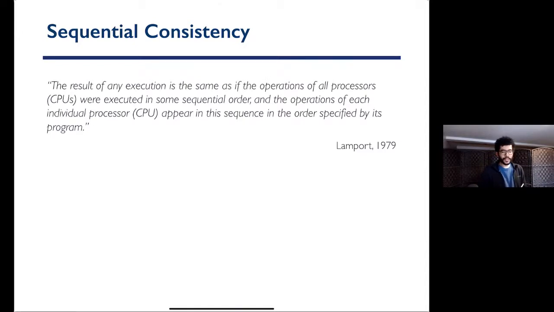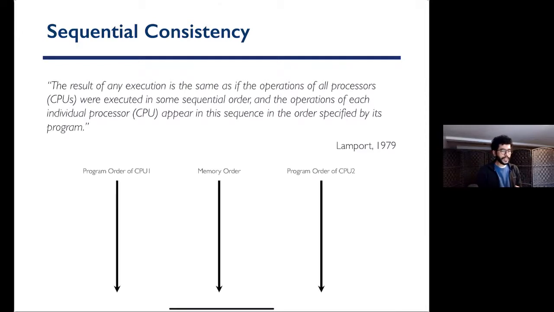Memory consistency talks about the order of memory operations in a multiprocessor or in a multi-threaded system. I think in particular in multiprocessors, because that's where it gets really important, when you have a bunch of processors running on the same system, accessing the same memory.